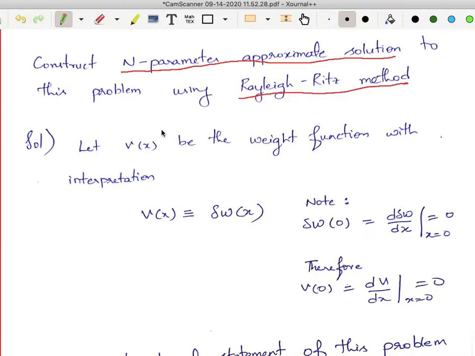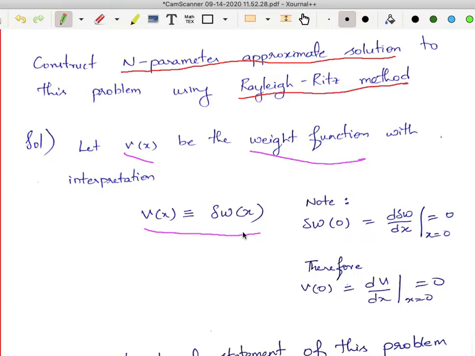In this problem, because we are using W for deflections, we are going to denote the weight function by V of x. What is the physical interpretation of V of x? V of x is going to be interpreted as variation in the vertical or transverse deflection in this particular case.